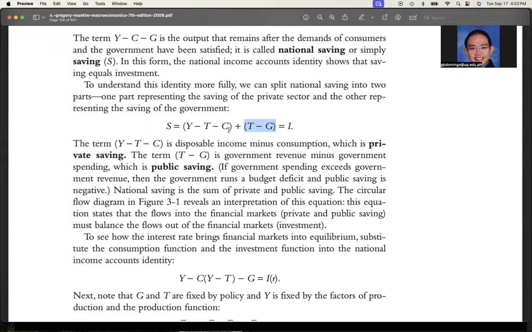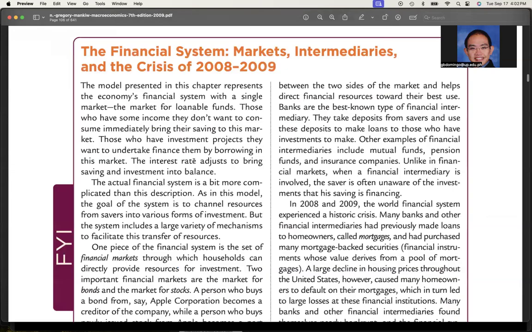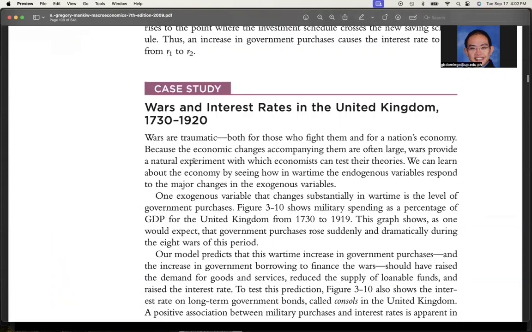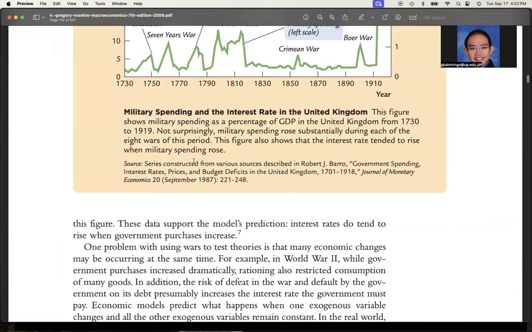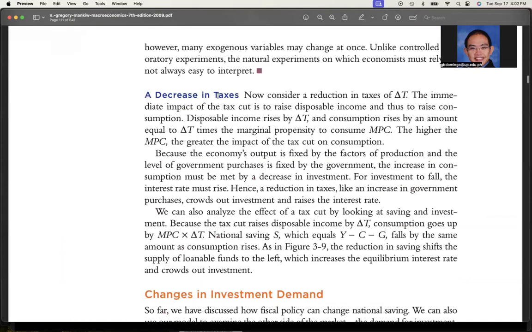And the sum of this private saving and the public saving is both negative, right? As the text implies here. Check this out. If there's a decrease in taxes, then the tax change raises disposable income by this and consumption rises by this much.